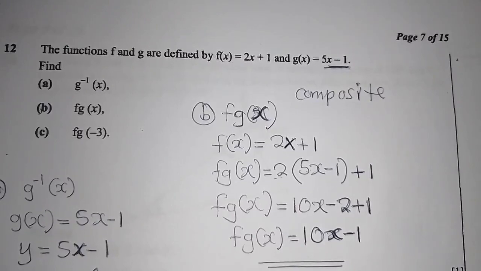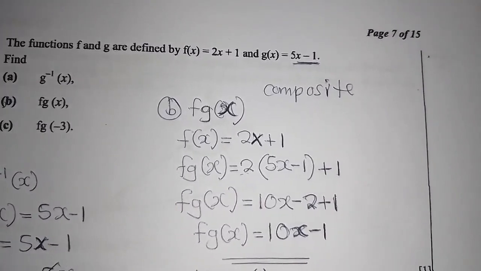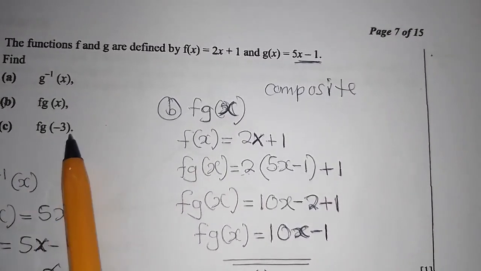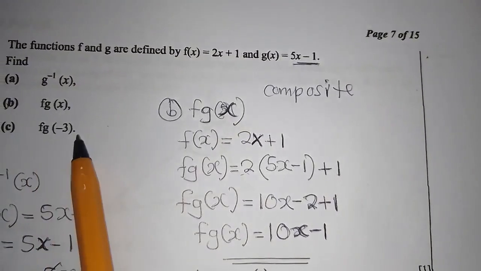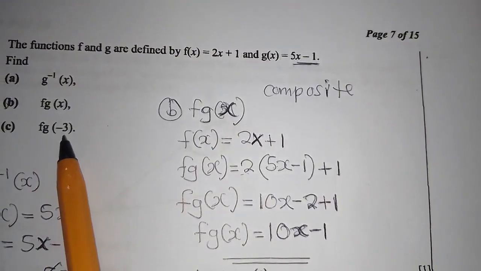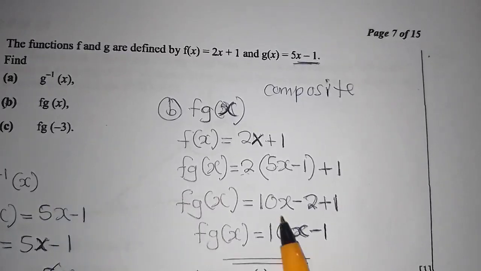Then I move to the last one. The last one is very simple, because they are saying fg of negative 3. So the question I'm going to ask you, do you have fg of x, so that where there is x you put negative 3? The answer is yes. The function is here.